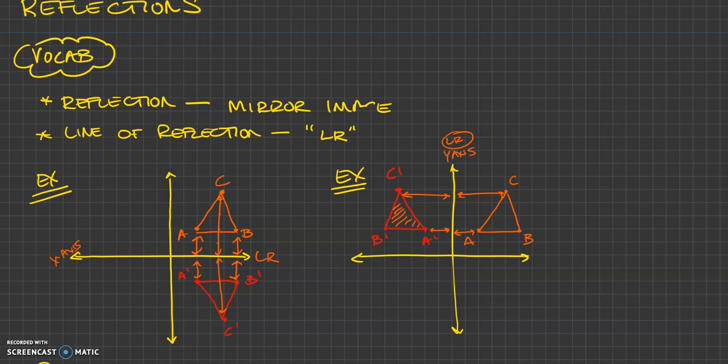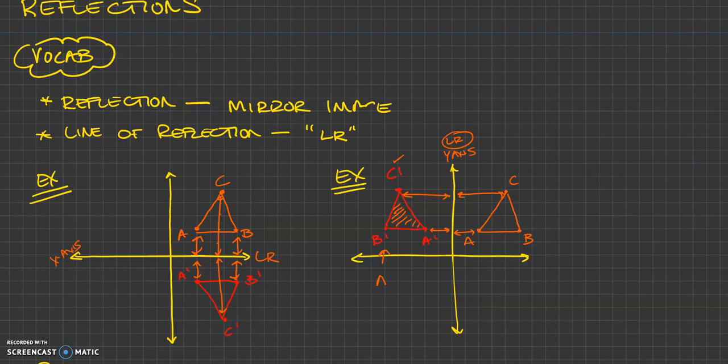Notice, I think this might be helpful. A is here. It's closer to the line of reflection than B. That means A prime is going to be closer to the line of reflection than B prime. Okay? And so you've got to think of it like it's flipping. If this were a translation, now I hope this doesn't mess anyone up, C prime would be the same.